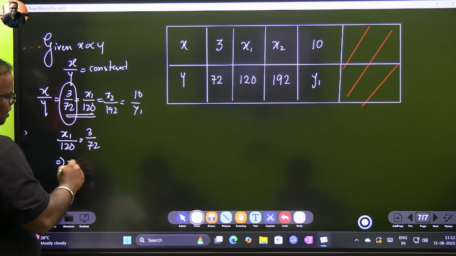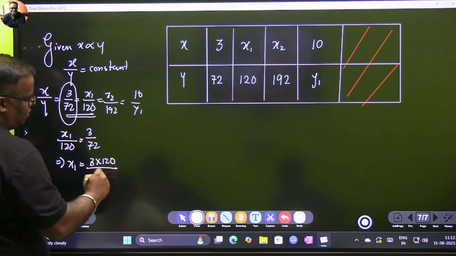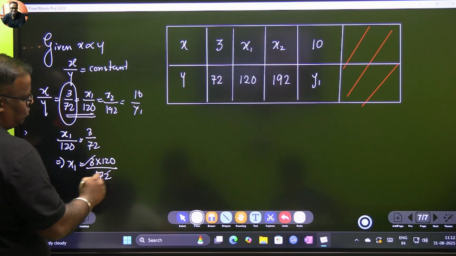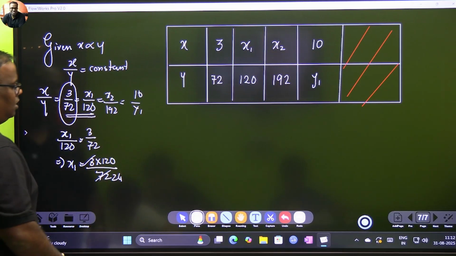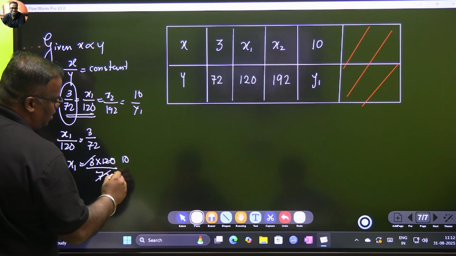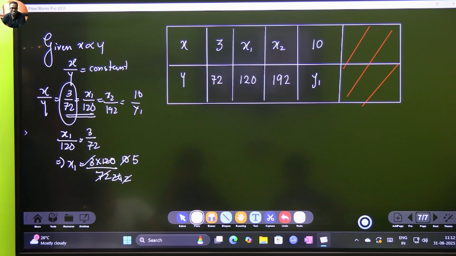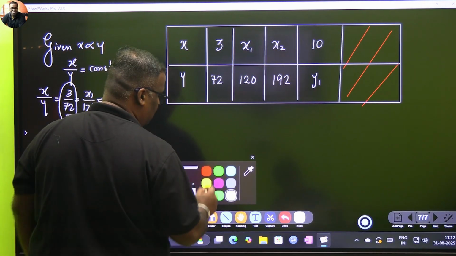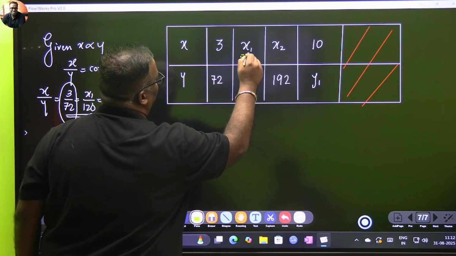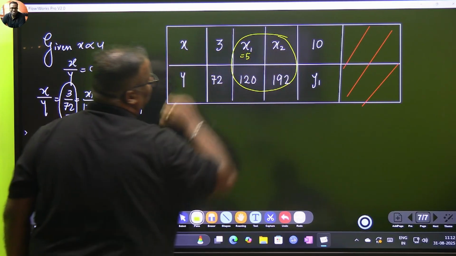So you can find the value of X1: 3 into 120 divided by 72. 72 means by 24, right? 24 means 12. So this will leave a 12, 2 5s are 10. So X1's value has been found out as 5. Agreed? So this is equal to 5. Now you can use these two as a ratio and solve the problem further.